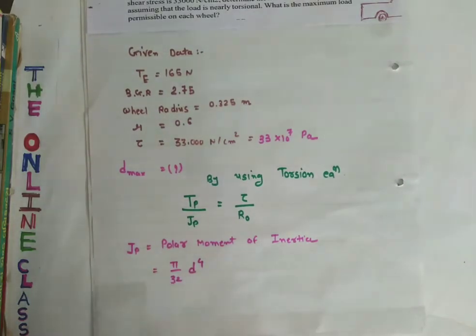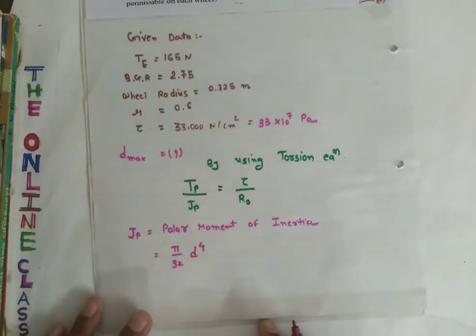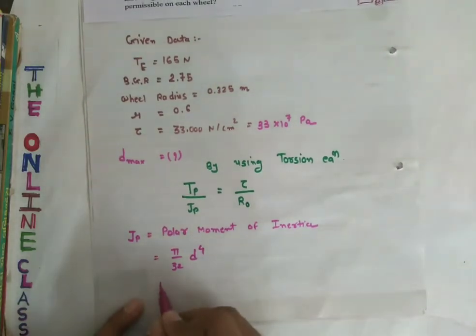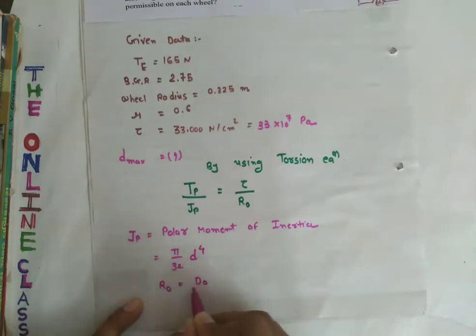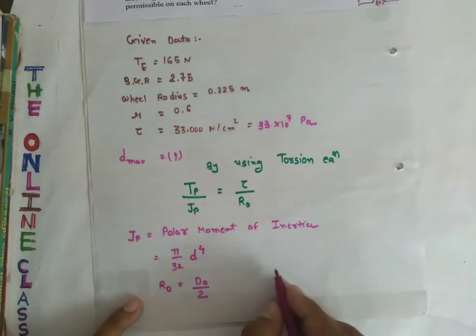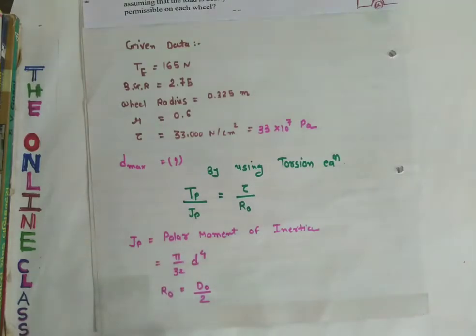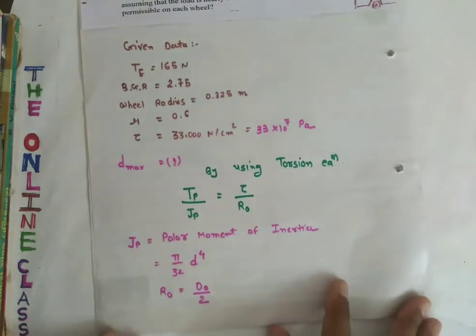D is our maximum diameter for the solid shaft. Okay, so here R is the diameter divided by 2. So we have to find Tp first. What is Tp? Tp is the torque at the propeller shaft.